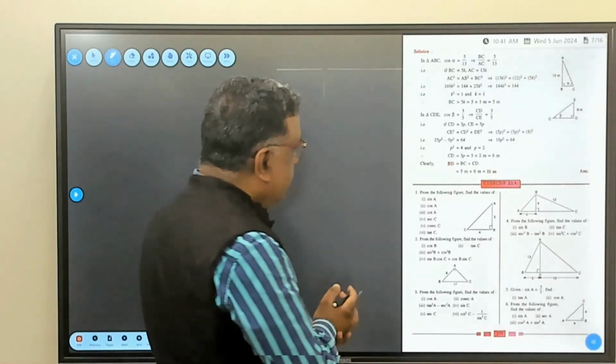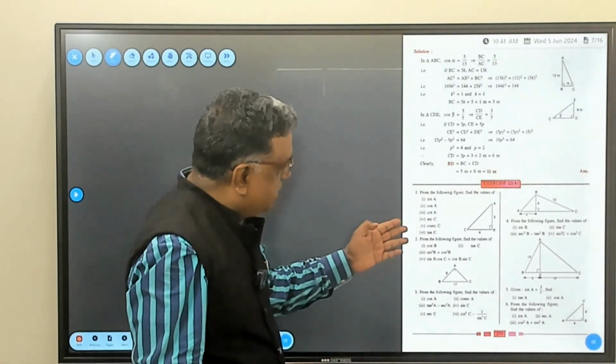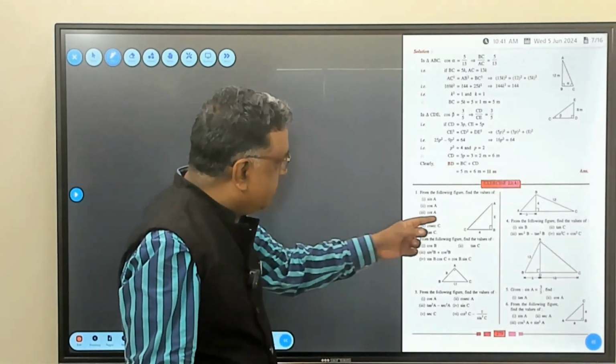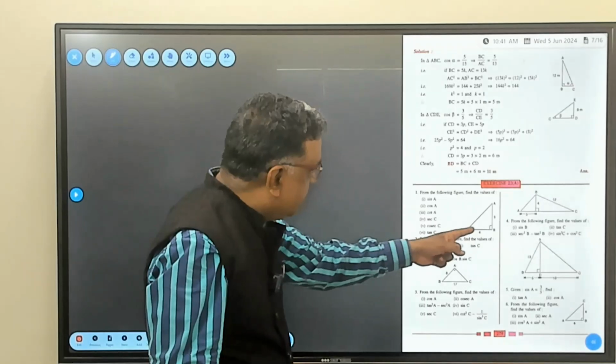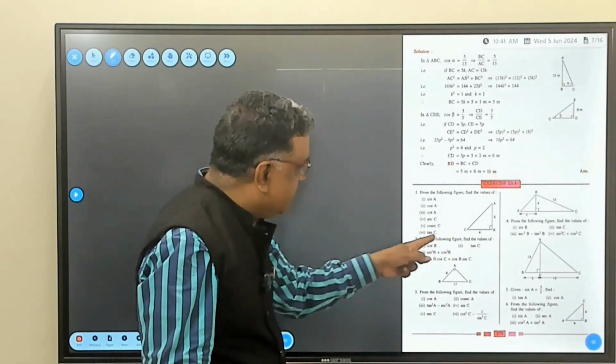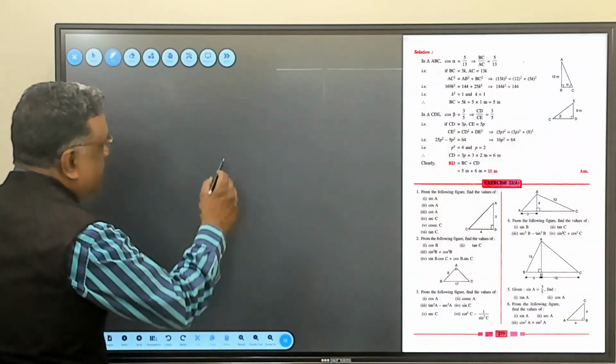So exercise 22A. Let us see this first question. From the following figure, find the values of sine A, cos A, cot A, sec C, cosec C and tan C.